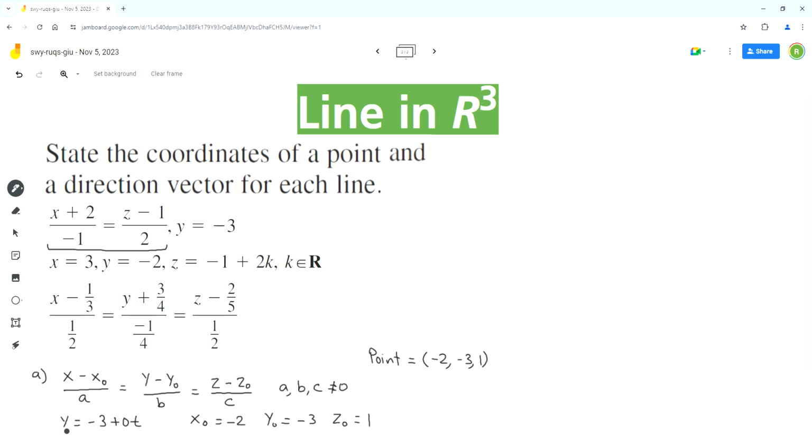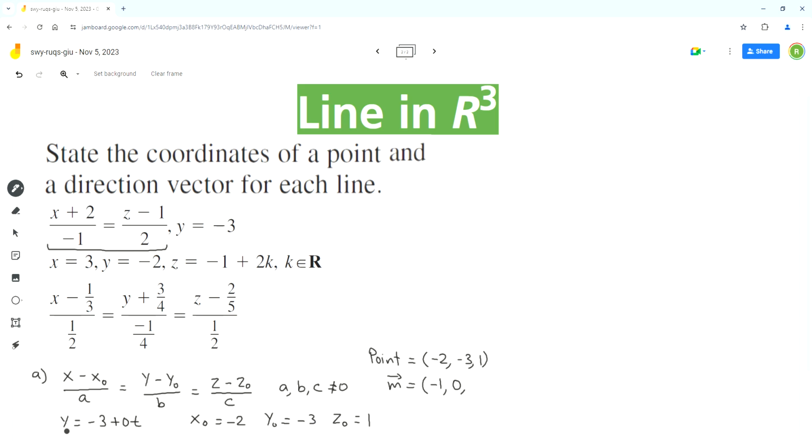Now we can find the direction vector of this line. Since the x and the z parts of the equation are given in symmetric form, the x and z components of the direction vector are in the denominator. The x component of the direction vector is -1. The y component of the direction vector is 0.